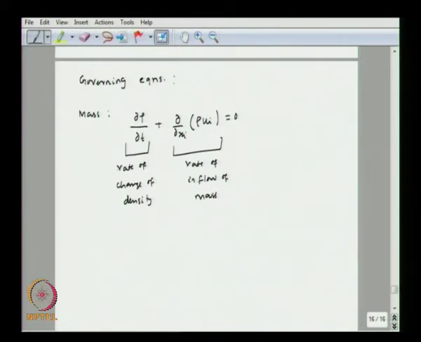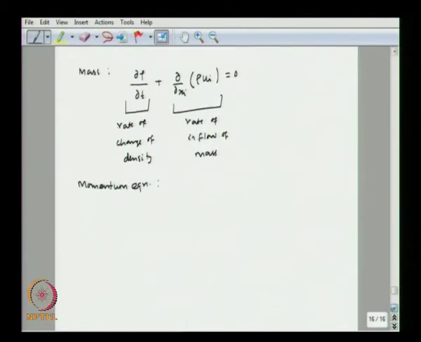Next we can write the momentum equation, which is ∂/∂t (ρ ui) + ∂/∂xj (ρ uj ui) = ρ Fi + ∂/∂xj (τji).